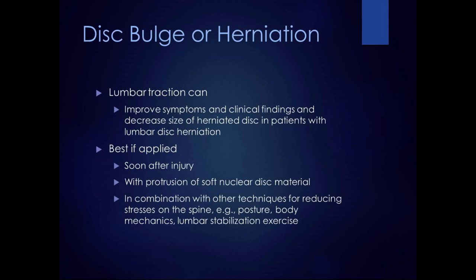And it prevents further herniation, which is nice. So in combination with other techniques for reducing stresses on the spine, like posture, body mechanics, lumbar stabilization exercise, patient education, those things are all really important for preventing recurrence of the disc herniation.